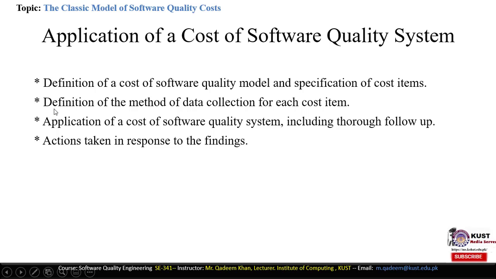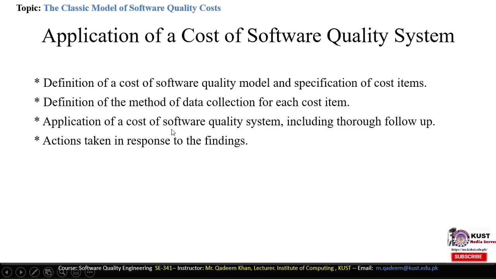Second, it is applied on the definition of the methods of data collection for each cost item. As we have discussed in the previous three slides, we have discussed different sorts of cost elements. So here the method of data collection for each cost item is also defined.